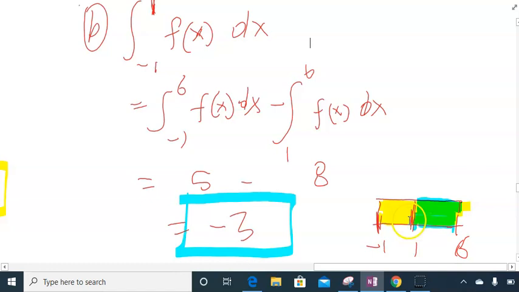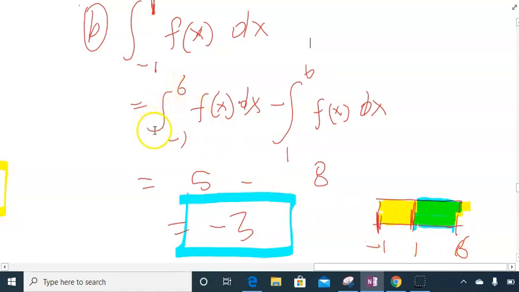So here we can apply our subtraction property, so we take the area from 1 to 6 from the area from -1 to 6.